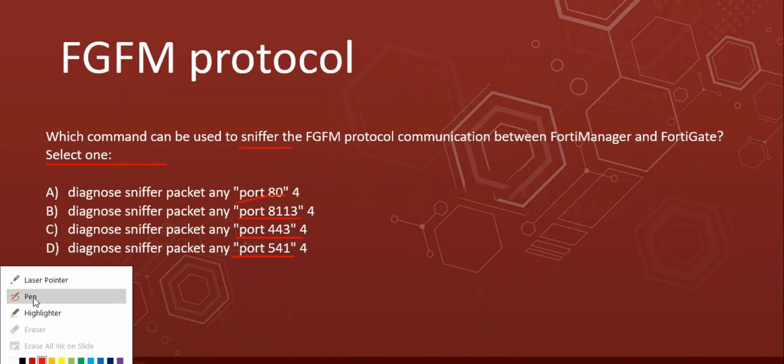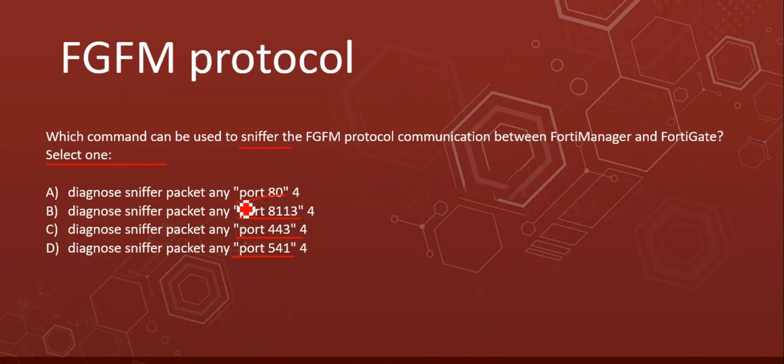Answer A. Diagnose sniffer packet any port 80. No, this one is incorrect. Diagnose sniffer packet any port 8113. No, this one is also incorrect. Answer C. Diagnose sniffer packet any port 443. This one is also incorrect.